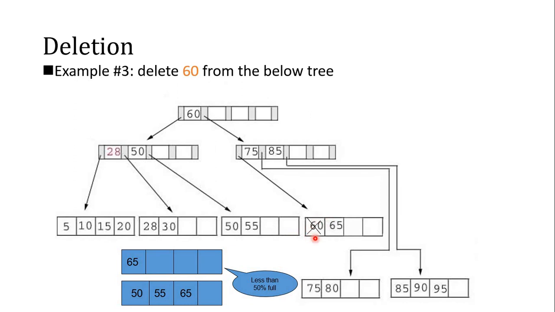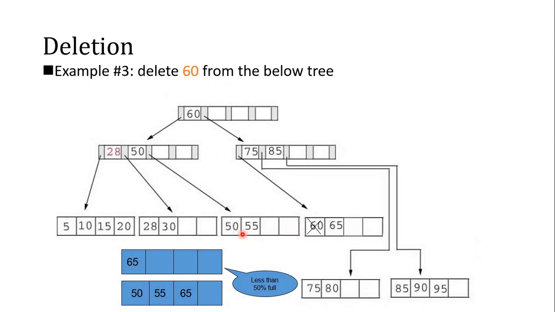Whenever it is lower than 2, or less than 50% full, we need to merge with the adjacent left. Whenever we want to merge it with the adjacent left, the left node needs to have some free space.